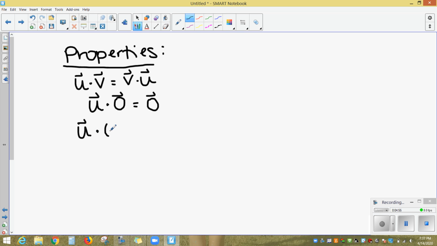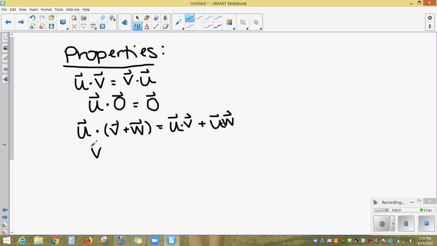If you want to take the dot product of u and the sum of v plus w, then v plus w is another vector times this guy will give us a scalar. But we can take u dot v and add that to u dot w. Ooh, those are dots in between there.